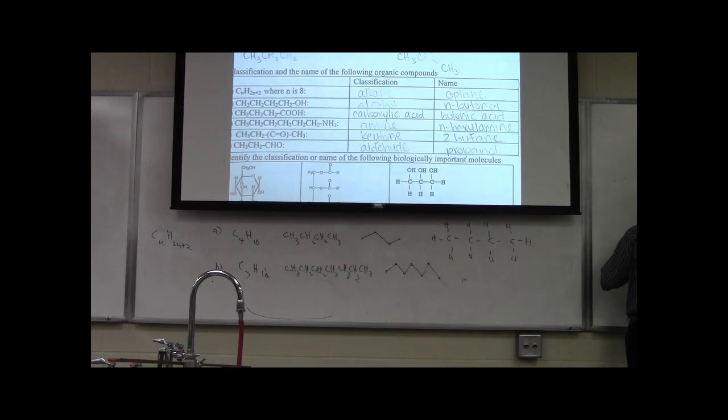If you remove on this, you get CH3, CH, CH3. Now the line formula of this, this is the vacant bond here. But that one, this is the vacant bond here.